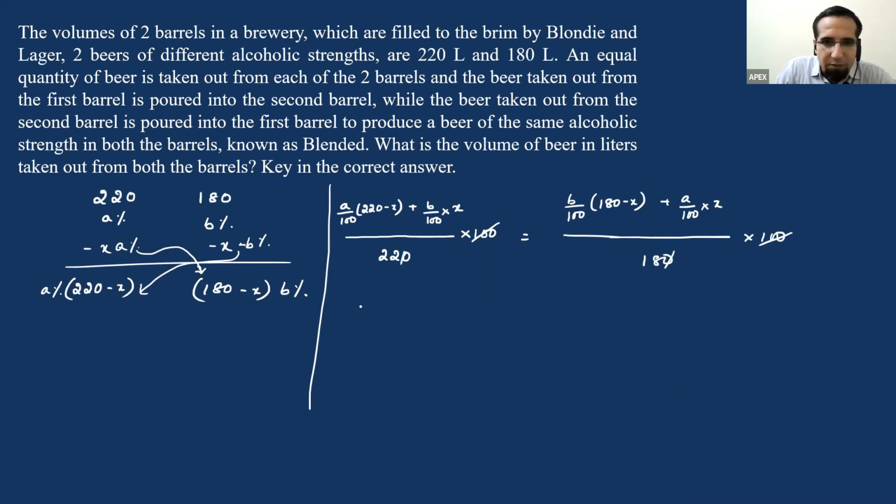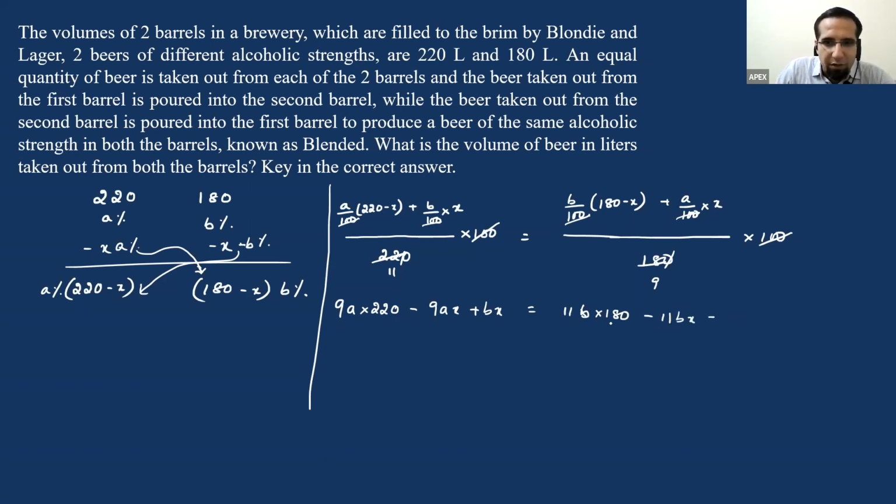Now let's simplify. This becomes 9A. Now we can take 100 common here. This 100 is taken common. This 100 is taken common, which can get cancelled. So we have 9A into 220 minus 9AX plus BX is equal to 11B into 180 minus 11BX plus AX.